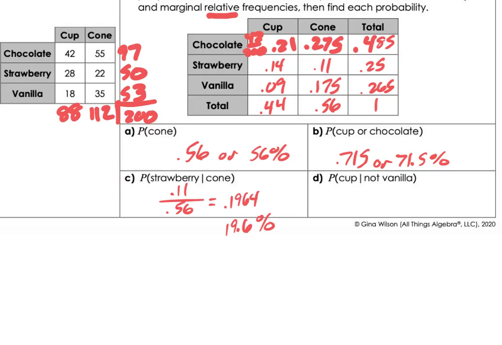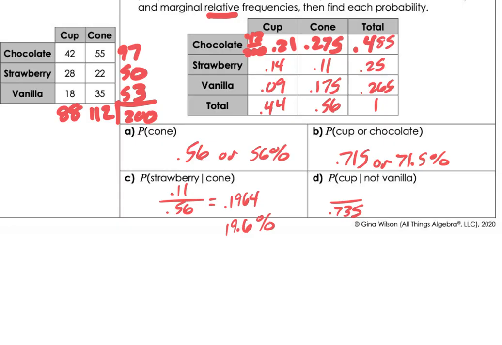It's this group right here. This is the group of people that like vanilla. These people like strawberry, these people like chocolate. So these are the two groups of people that do not like vanilla. They chose chocolate or strawberry. So we're going to add these two numbers together. 0.485 plus 0.25 is 0.735. That's my bottom number.